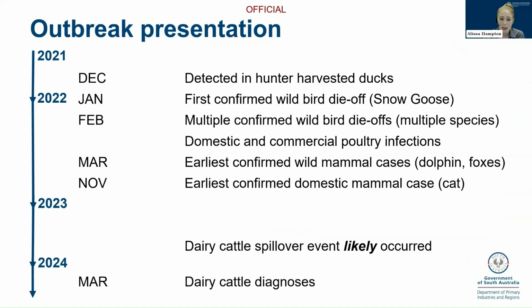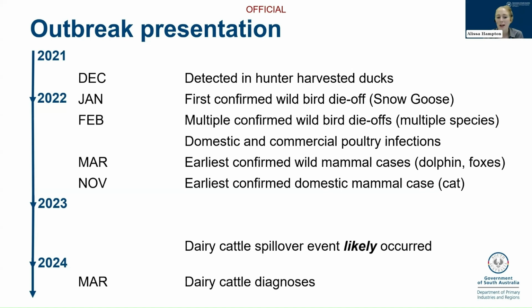And then a month later in February, when things really started to kick off, there were multiple confirmed wild bird die-offs, and infections in domestic and commercial poultry were also confirmed at that point. In March, it was retrospectively determined that the first wild mammal case was in a dolphin.